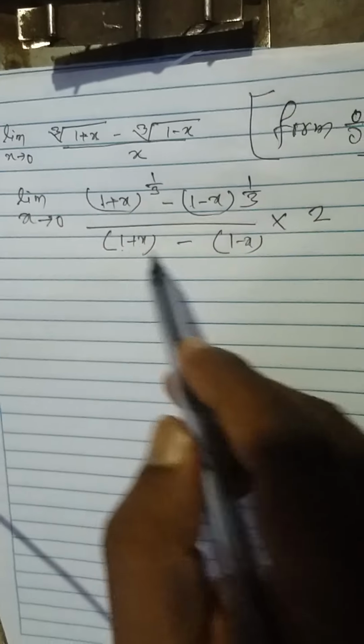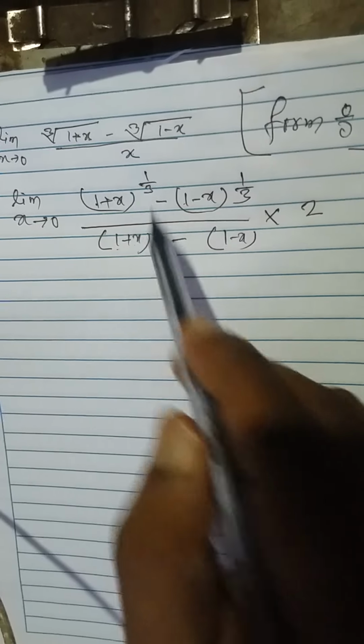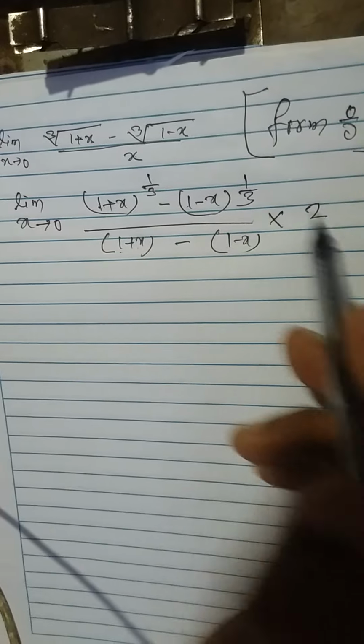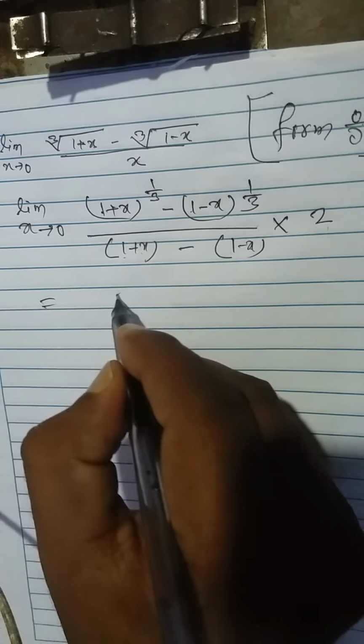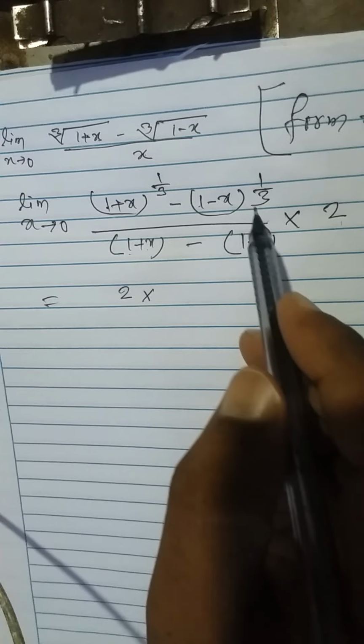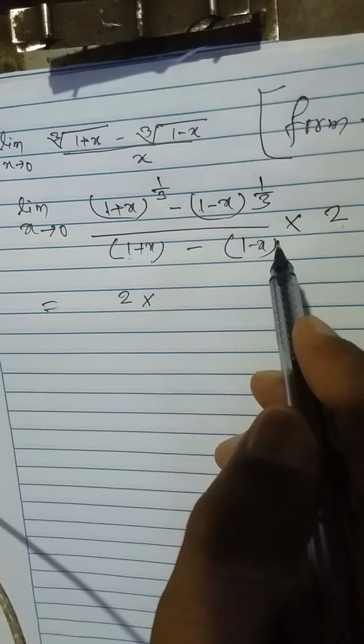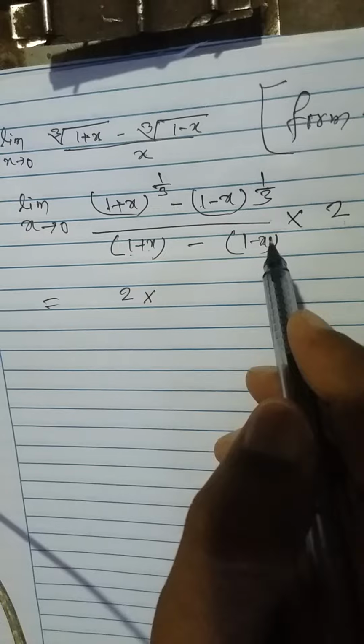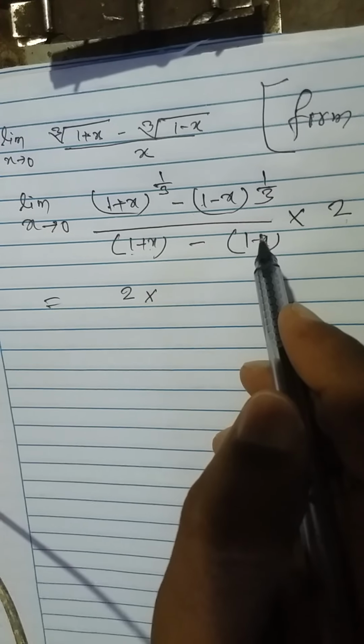Getting it? If you simplify it, the result will be 2x, but you were given x. So to remove that 2, we have multiplied by 2. This 2 will be kept ahead, and we are going to apply the formula here. How can you apply the formula here?